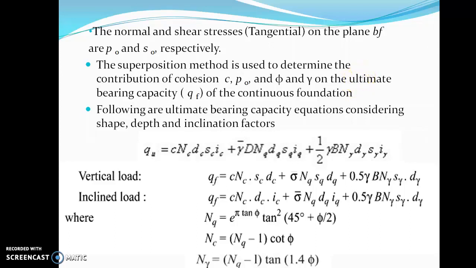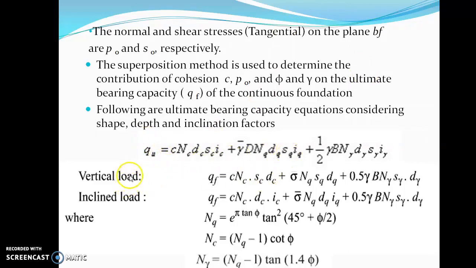Following are the ultimate bearing capacity equations considering shape, depth and inclination factors. Now the parent equation is this. This is supposed to be q_f.